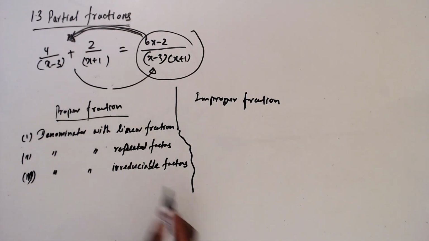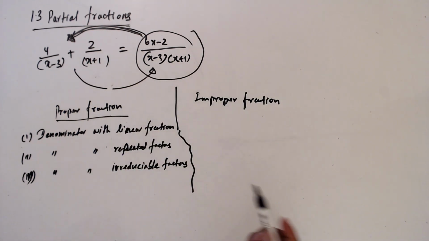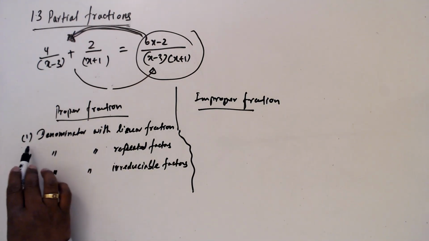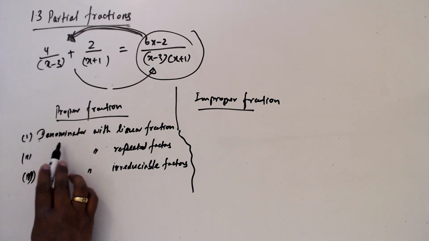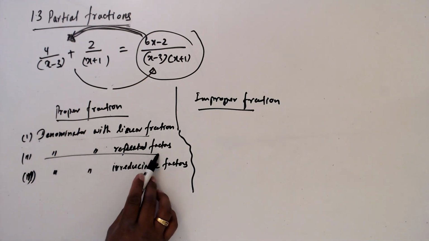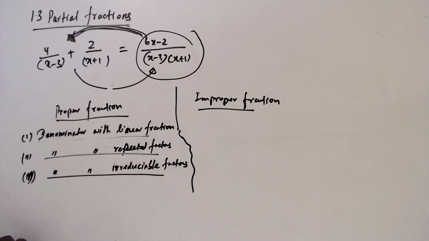For proper fractions, we need to identify whether the fraction is proper or improper. If it is a proper fraction, we have to categorize it: whether it is a denominator with linear factors, denominator with repeated factors, or irreducible factors.